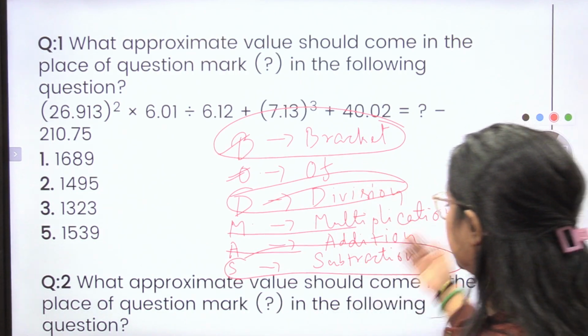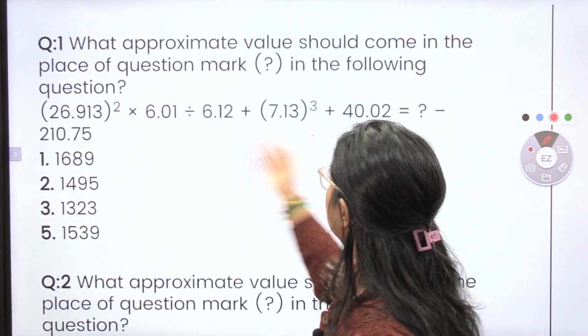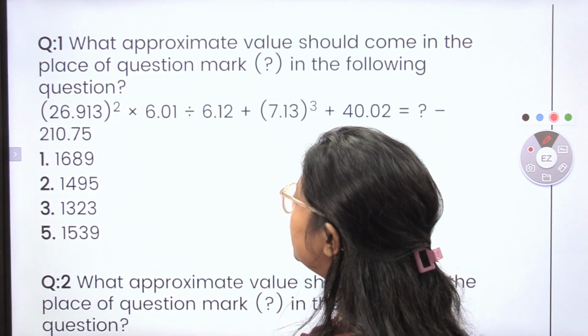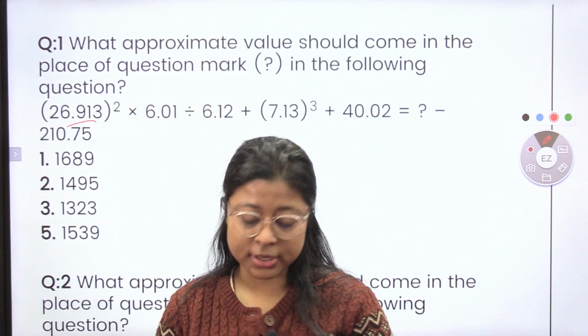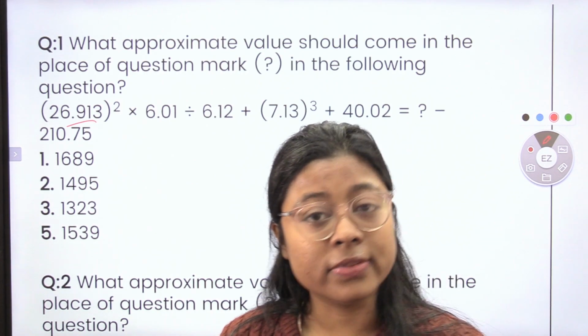All right, so if you get this rule, let's apply it. Let's take the first question. Here you can see what we need to do in approximation. Actually, we approximate numbers. How do we approximate numbers? There is a rule.